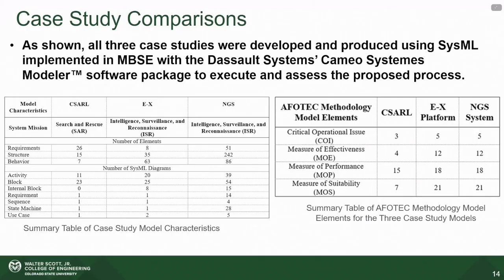This upward trend underscores the correlation between system complexity and the modeling effort required, highlighting how these intricate systems demand greater detail and more extensive diagramming to capture their full system behavior and structure. The selection of the CSARL based test case, followed by the EX platform and the NGS system, was very deliberate, because they showed a progression from a simple system to a more complex, real-world example.